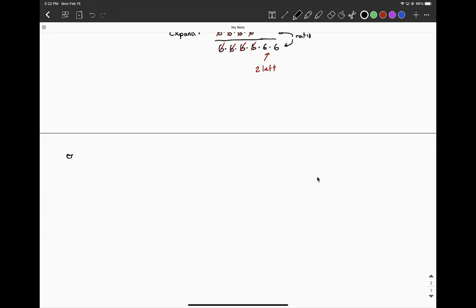Here are some typical examples in topic 1. They want you to take something like 2x squared to the 4th, multiply that by 3x to the 4th.